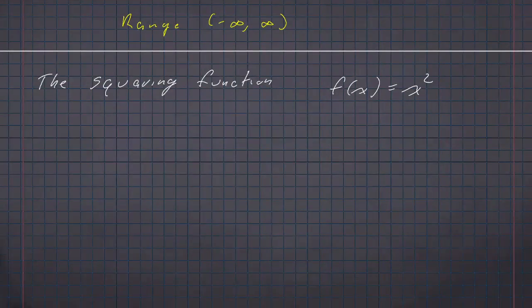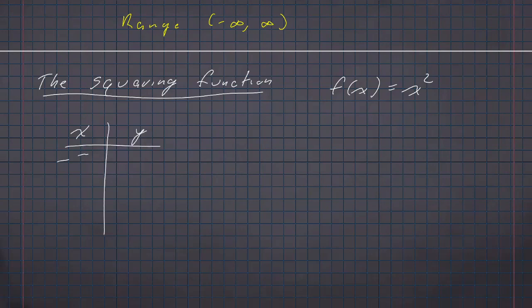How about the squaring function next? The squaring function is the function f of x equals x raised to the second power. And once again, we can pick some values for x and y until we have a reason to do otherwise. I'm going to look at x as -2, -1, 0, 1, and 2. In this case, -2 squared is +4, +1, 0, +1, and +4.